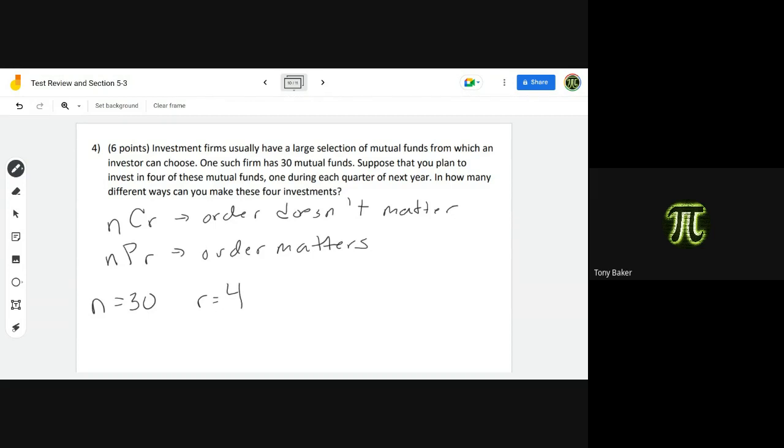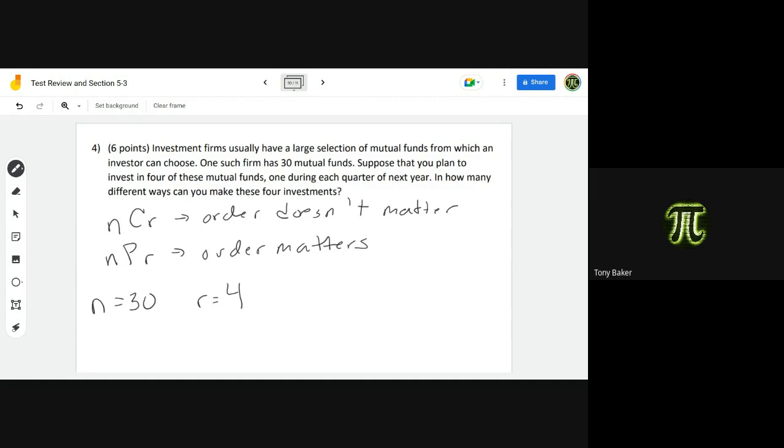So is it nCr or nPr? Does order matter? No. It does not matter. I think you said it does. I said it does because it says one per quarter.